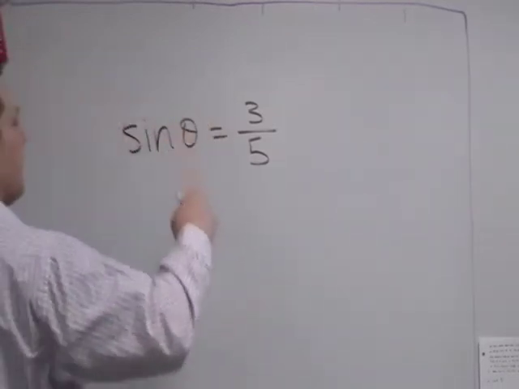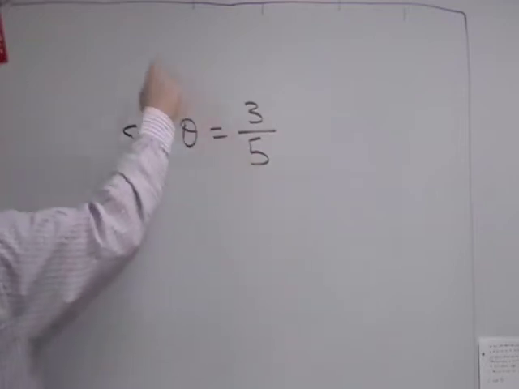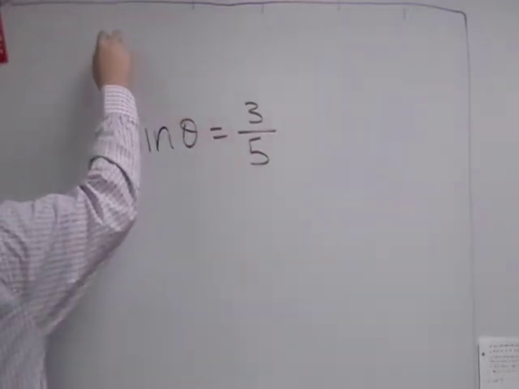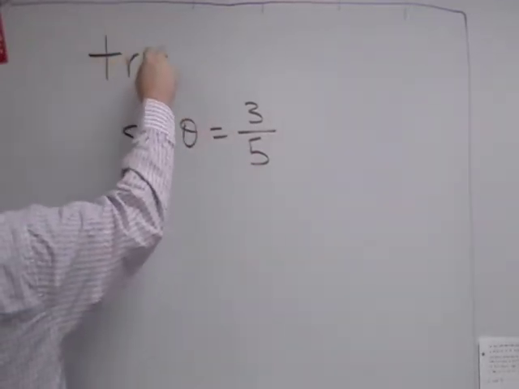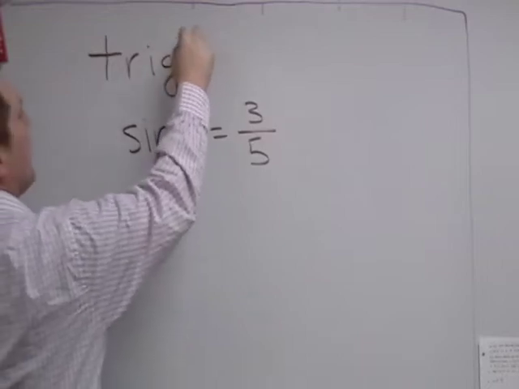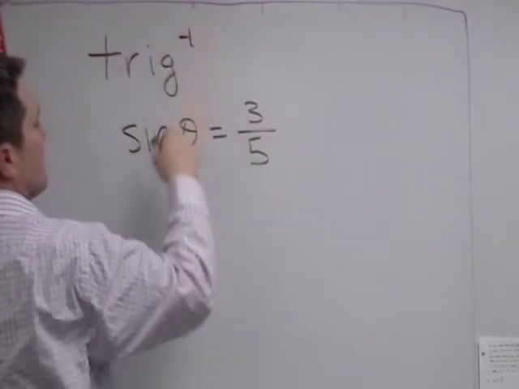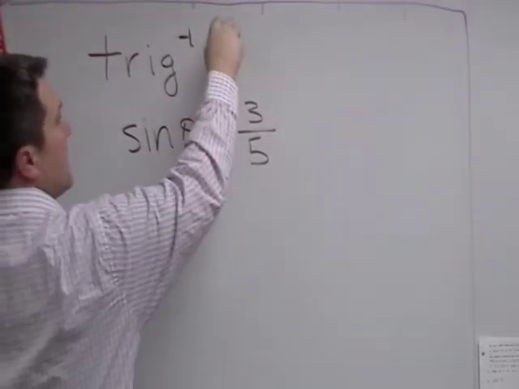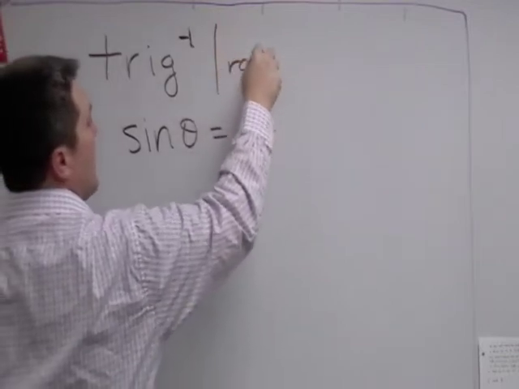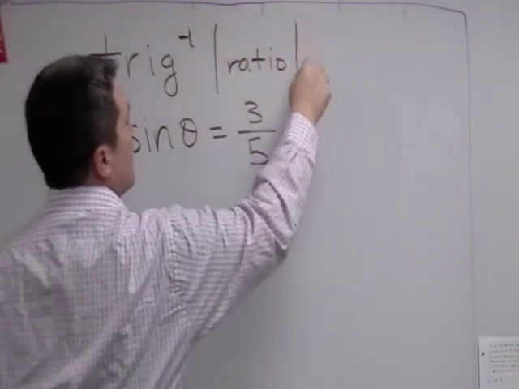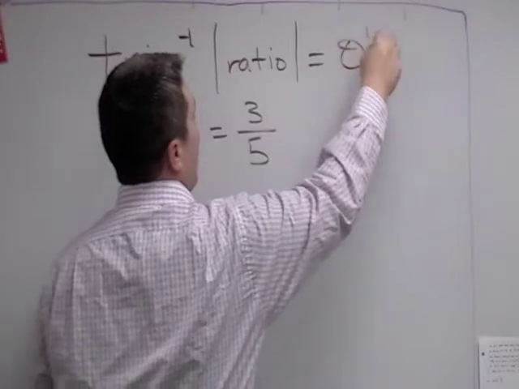You're going to have to find the reference angle, and this is up in the top of the notes. You're going to take whatever trig function you have and take the trig inverse. In this case it's sine inverse of the absolute value of your ratio, and that's going to equal theta prime.